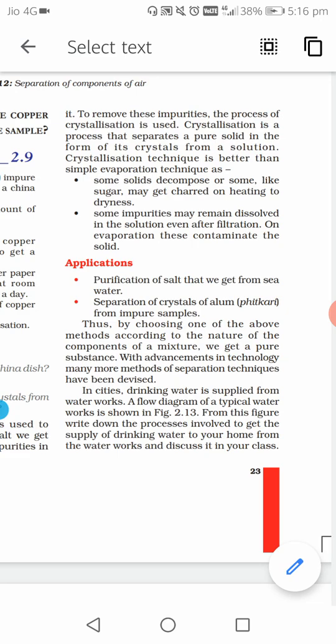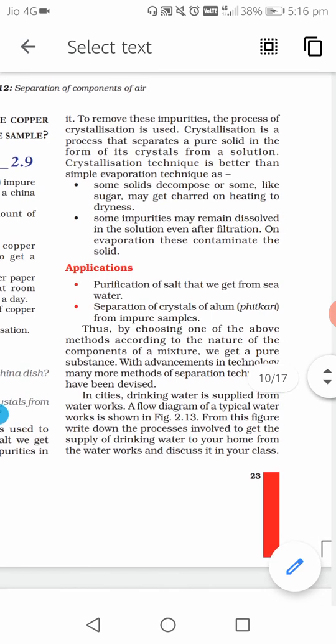We keep some water, and then along with the water we keep it for 1 day. Next, some impurities may still remain dissolved in the solution even after filtration. So these 2 points you have to write if you are asked why we use the crystallization technique and not direct evaporation.